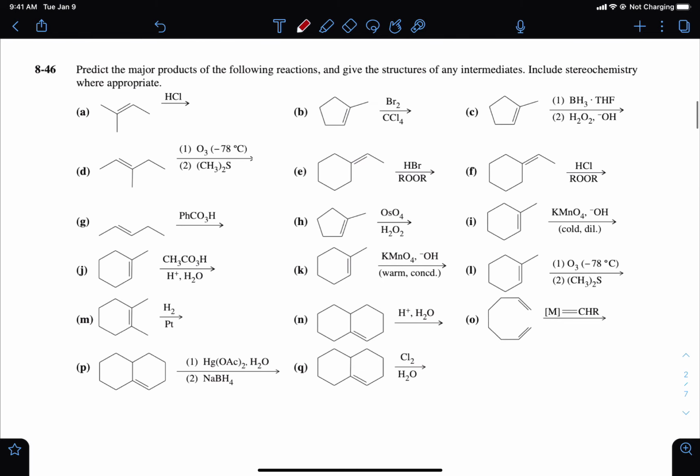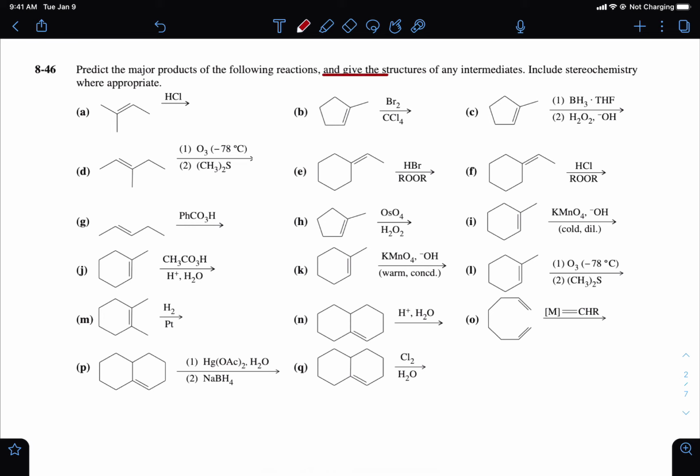Okay. This is a bit ridiculous. This is pretty much every alkene reaction in the chapter. I will go through and write the answers to these things. I'm not going to do the mechanisms. They want you to give the product of the reactions and give the structures of intermediates.